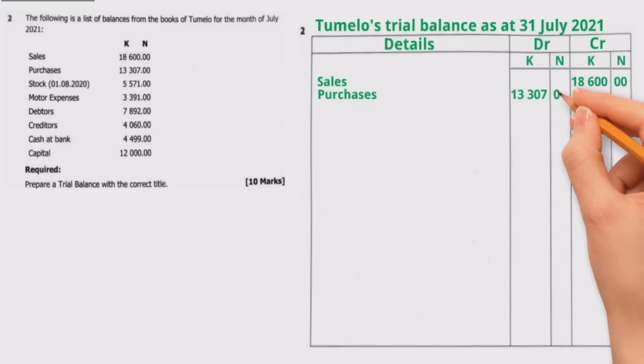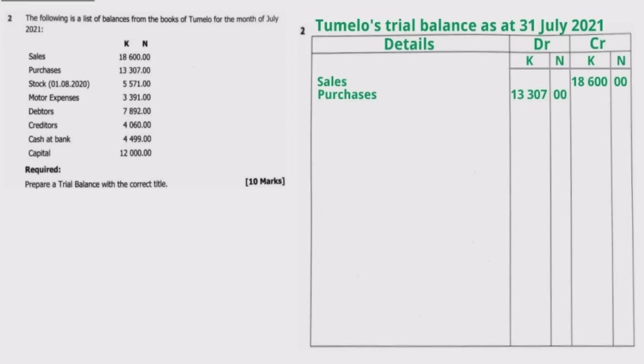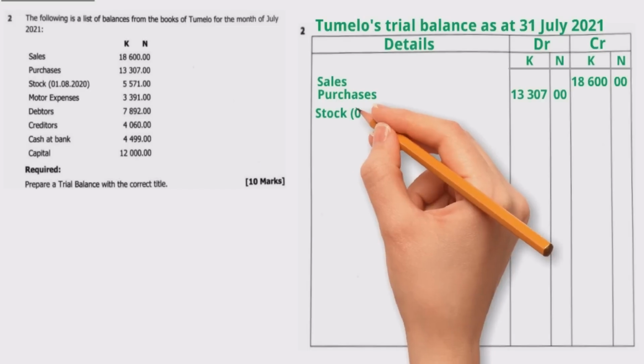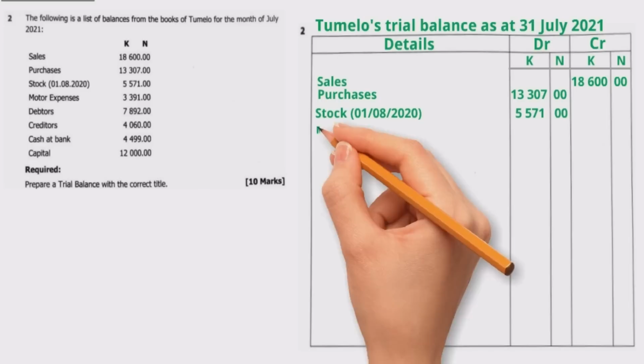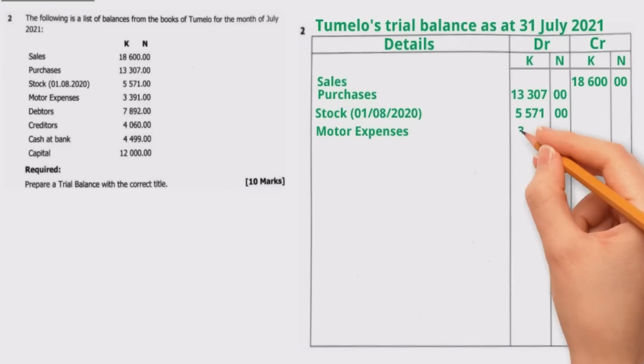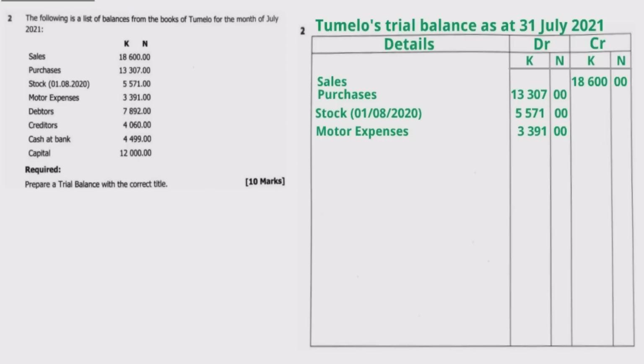I'm going to put it under debit, which is 13,307 kwacha. Then stock on 1st August 2020. This should be the opening stock, so we're going to put it under debit, which is 5,571. Then we have motor expenses, which are also going to be under debit.